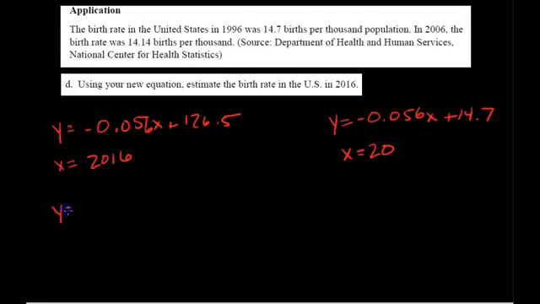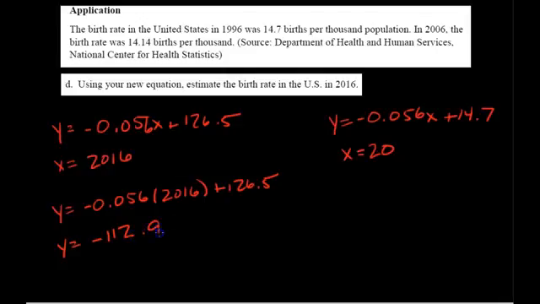So in each situation, I'm going to substitute in for x and solve for y. So negative 0.056 times 2016 equals, y equals negative 112.9 plus 126.5.